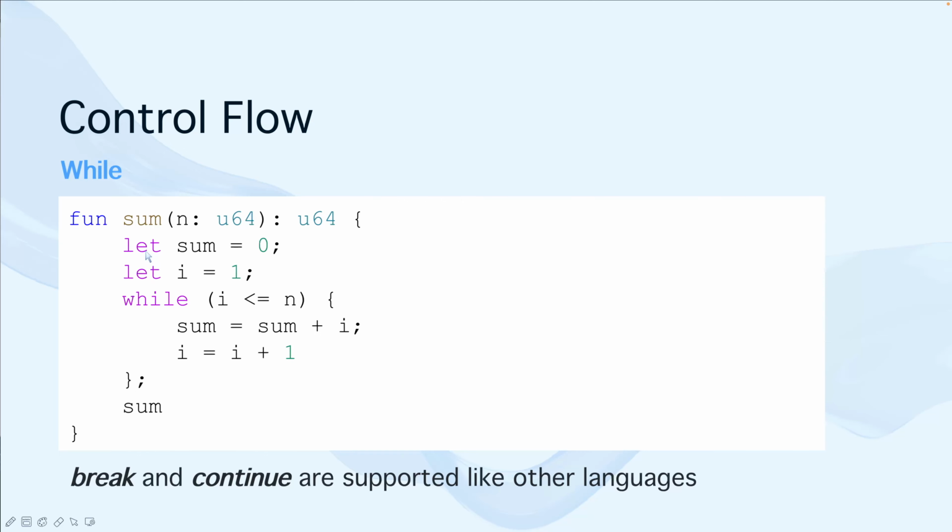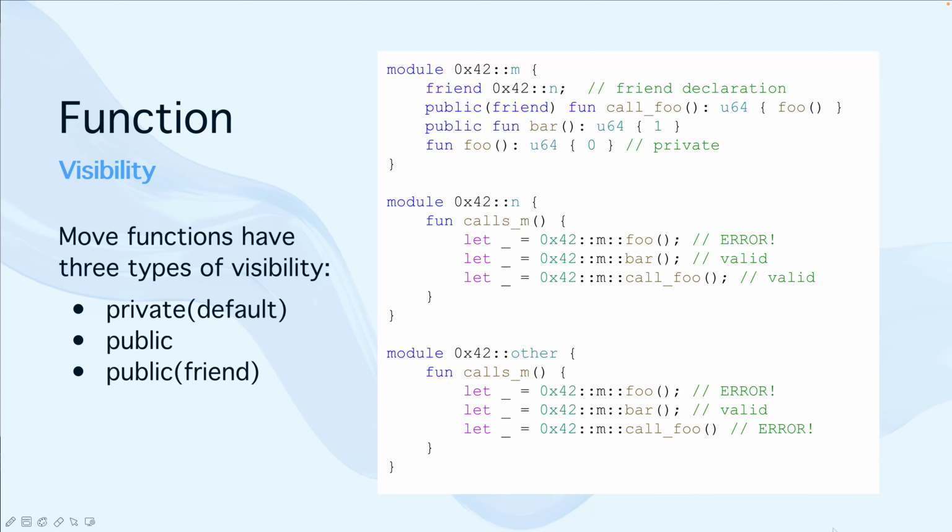In this subsection, we'll introduce Move functions, including function signature, visibility, and invocations. So functions are declared with the fun keyword followed by the function name, type parameters, return types, and finally the function body. So Move functions have three types of visibility: private, which is the default setting, public, and public friend.